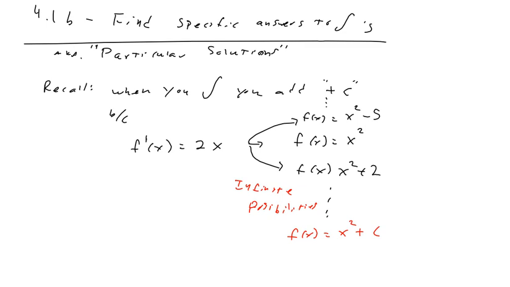That's why we add the plus c. We don't know which of these it could be: minus 5, plus 2, could be anything. So we say plus c to cover all the possibilities.